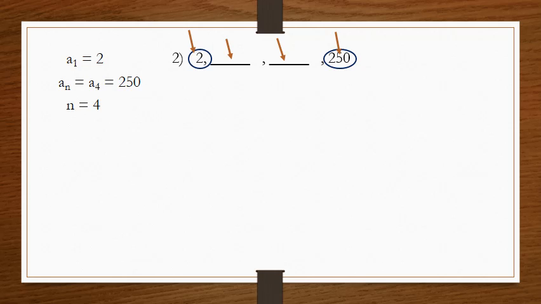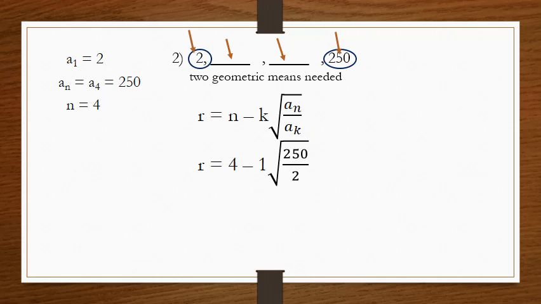So n is equal to 4 kasi meron tayong 4 na terms. So kailangan natin again ng dalawang geometric mean. So itong formula, substitute na lang natin ang value. We have r is equal to the n minus k root, where n is 4, a sub n is 250, and a sub 1 is 2. So ang unang gagawin natin is divide 250 divided by 2.